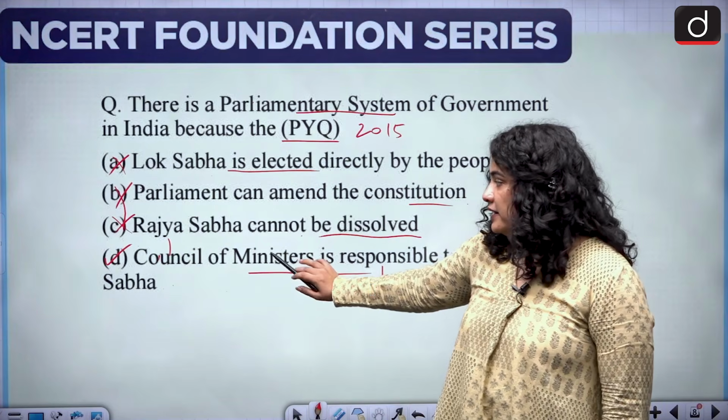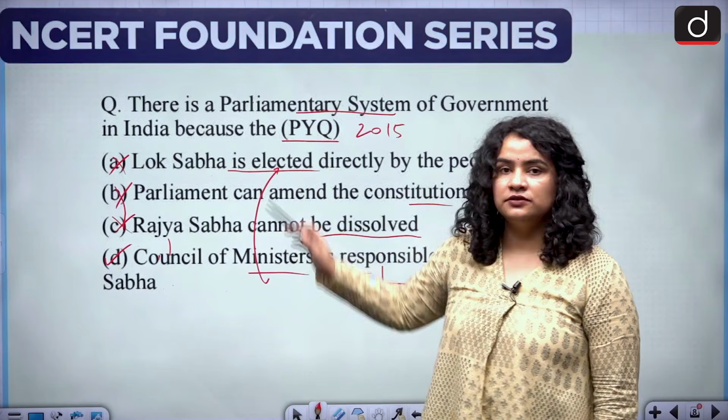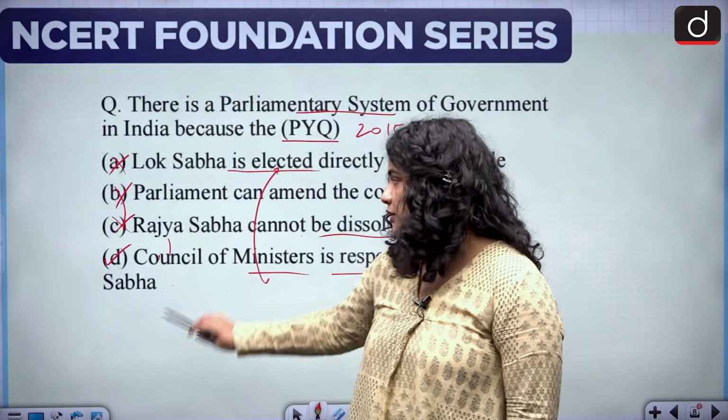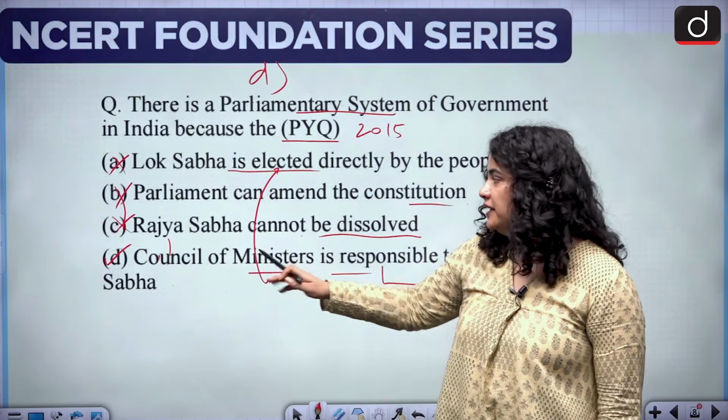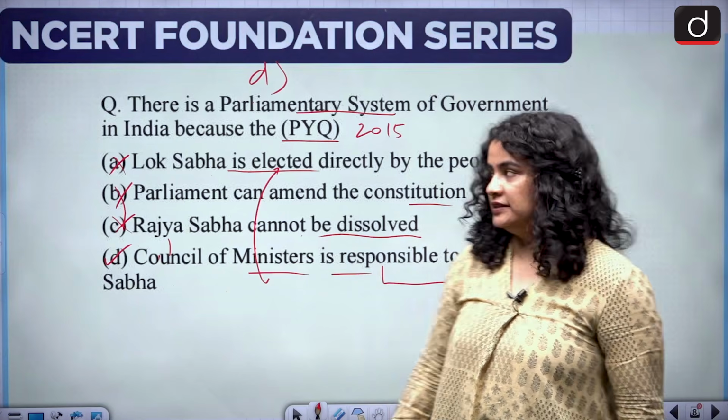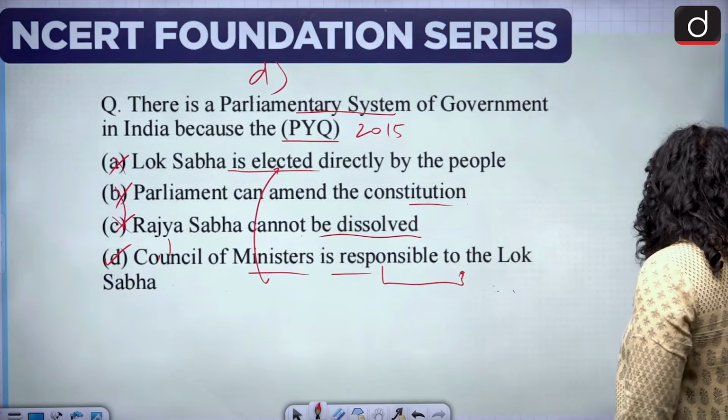So they are in a way answerable directly to the people. This was the whole idea behind adopting the parliamentary form of system, and this gives us the correct answer, which is option D.